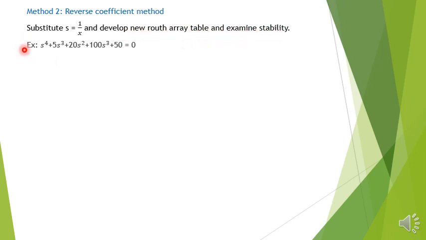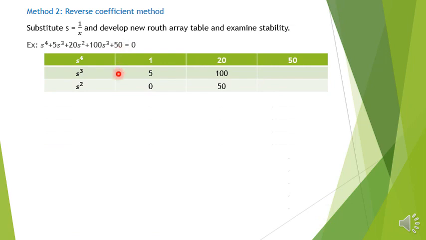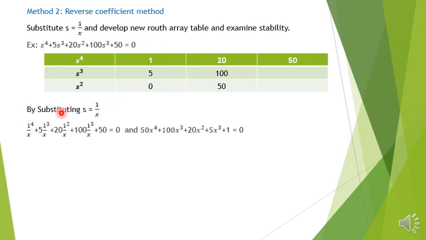For example, I will consider this as the characteristic equation of the system. For this particular characteristic equation, the table becomes like this, same as the previous one: 1, 20, 50, 5, 100, and the S square element is 0. So according to the reverse coefficient method, I will substitute S equal to 1 by X in this characteristic equation.